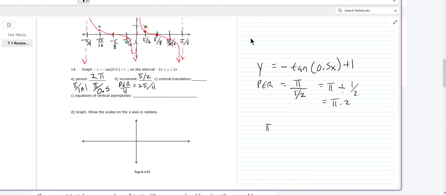Then just count it out: pi over 2, 2 pi over 2. You're counting by the numerator, 3 pi over 2, 4 pi over 2. So you would have pi over 2, then pi, then 3 pi over 2, and then 4 pi over 2 would be 2 pi.